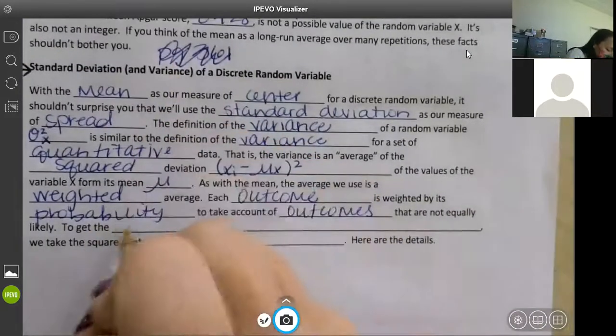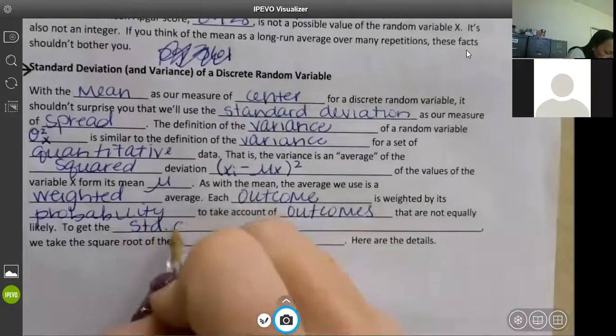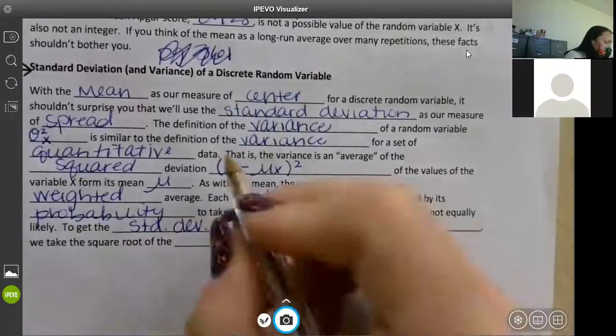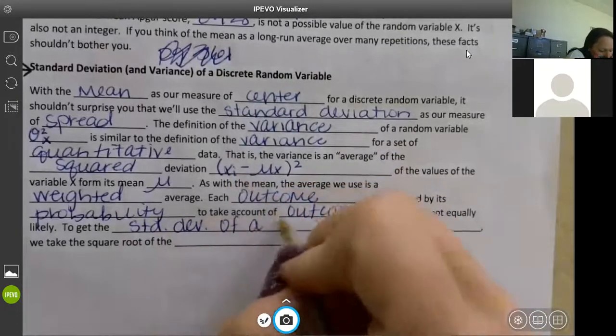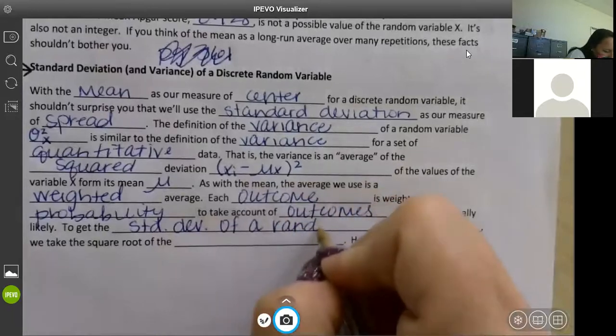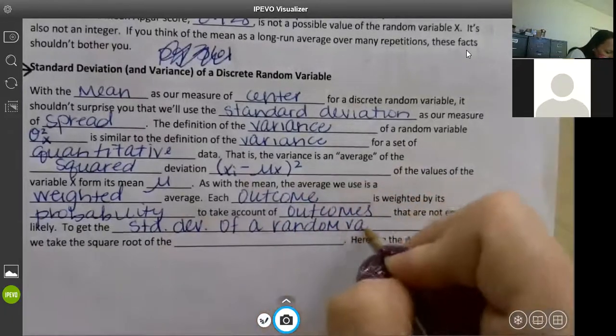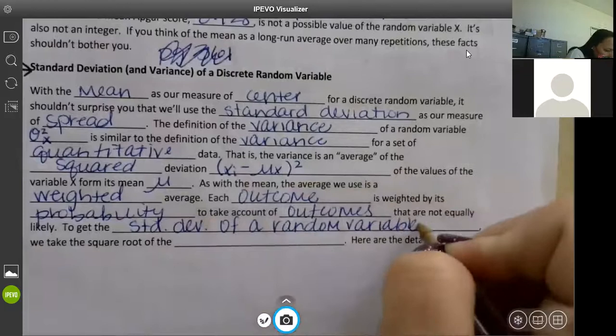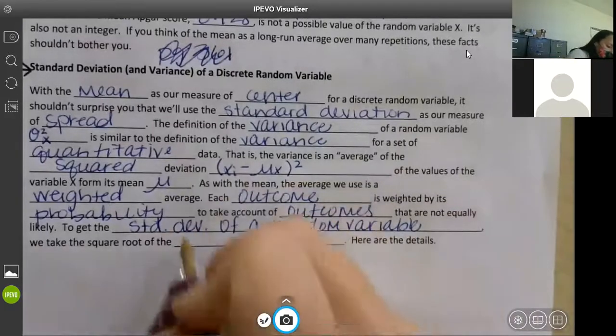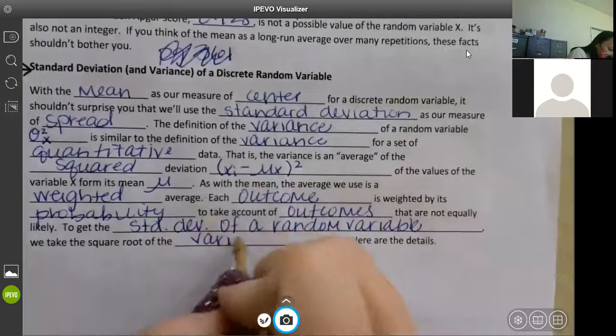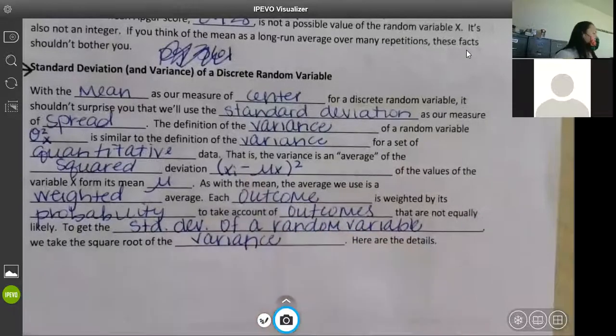To get the standard deviation of a random variable, we take the square root of the variance, just like before.